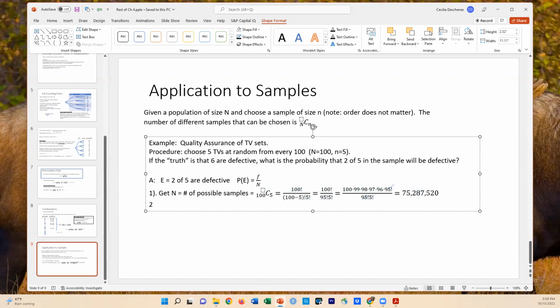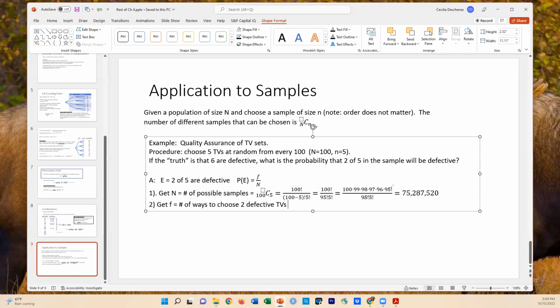Okay, then the second thing is we have to get the F. So we got the denominator. It's usually a little easier to get the denominator. The numerator is the number of ways that the event can be true. So we want to get F, which equals the number of ways to choose 2 defective TVs.